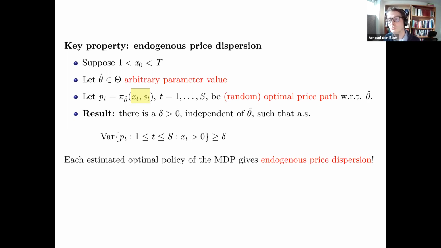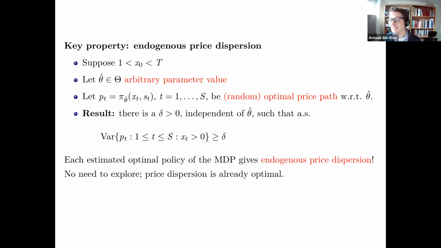So there is a natural variation induced by the problem. The variance of my price sequence, for all time periods where I have inventory, is bounded from below by some number that is independent of my estimate.